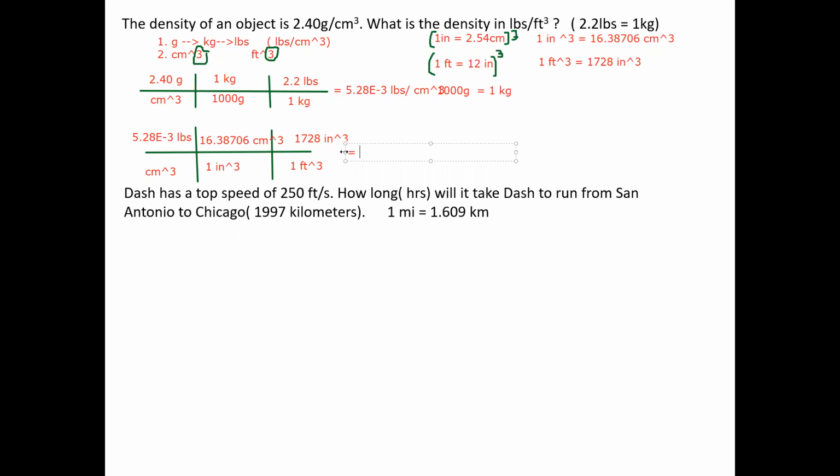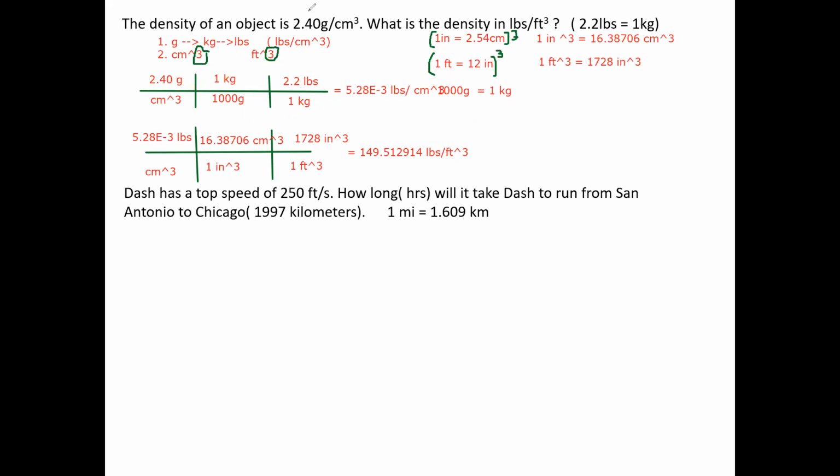So this is what the calculator gives us, but again, we have to round to the correct number of significant figures. So we look at the numbers given to us in the problem.